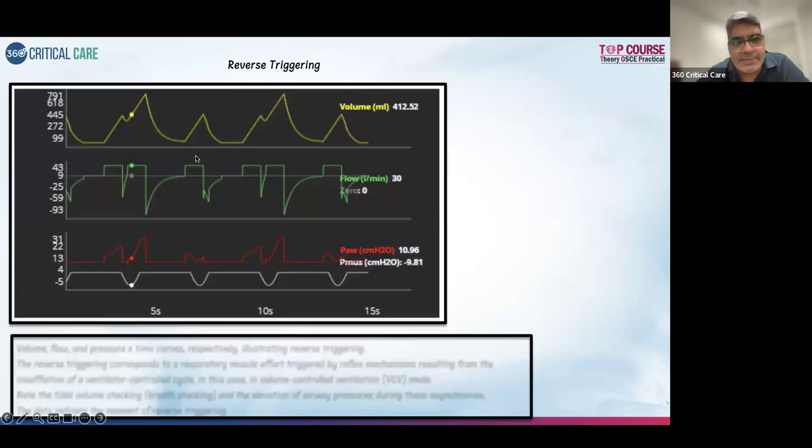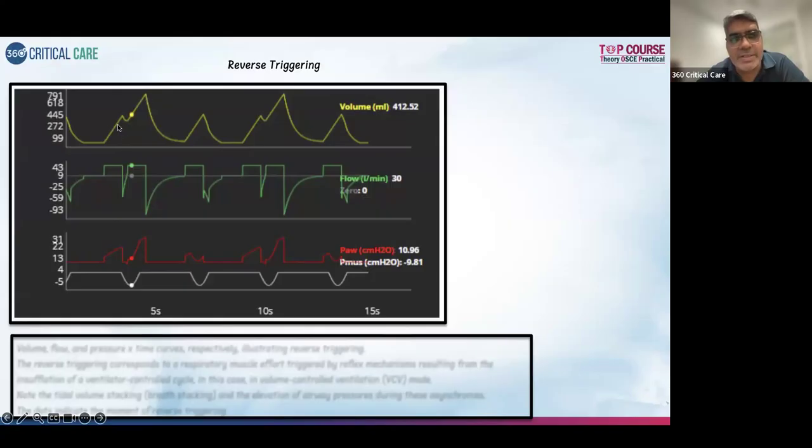What happens is the ventilator gives a breath. This is the volume time curve. With that breath, the chest gets expanded and the diaphragm gets stimulated. This leads to contraction of the diaphragm and continuation of the inspiration further. So this is called reverse triggering.